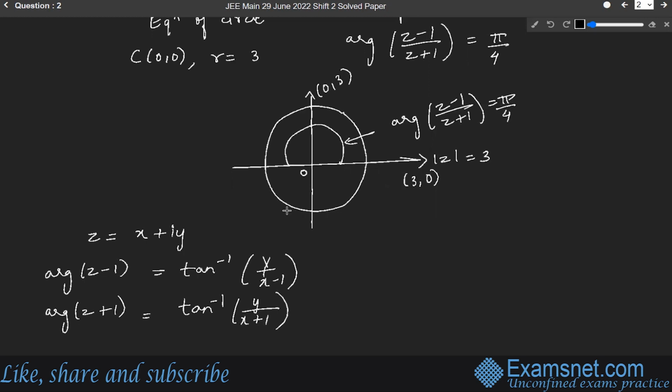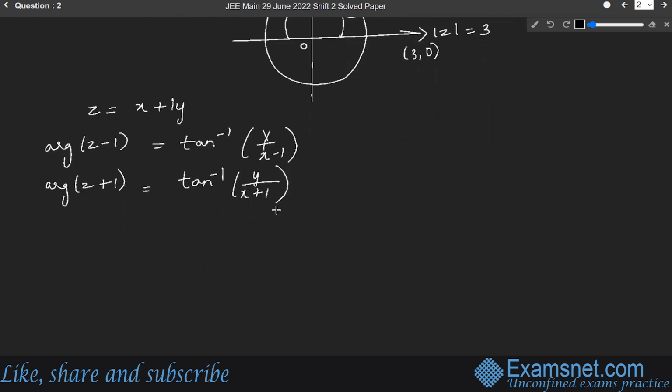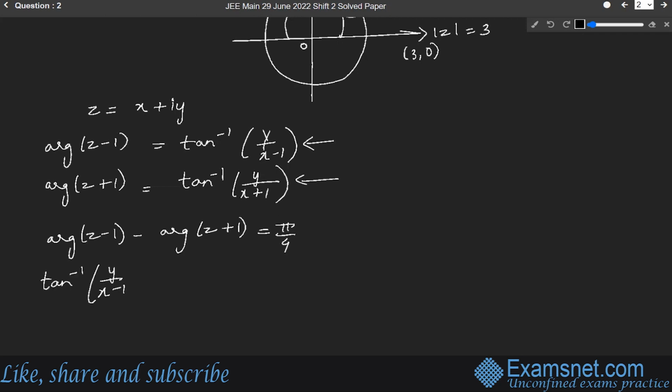We have the expression argument of z minus 1 minus argument of z plus 1 is equal to pi by 4. So let us put both these values in it. It will be tan inverse y upon x minus 1 minus tan inverse y upon x plus 1 is equal to pi by 4.